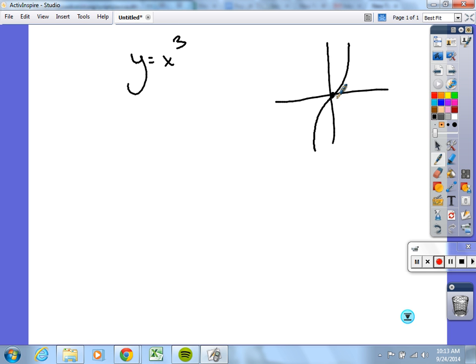So what kind of things do we have for transformations? Can anybody talk to me about it? Compression. So good compression. Where does the compression come in? Because it can be a compression or a stretch, we can say, right? Where's that value if I wanted to have it?